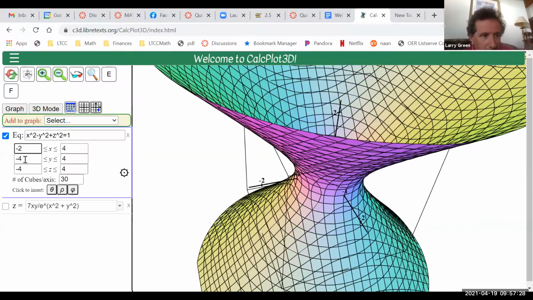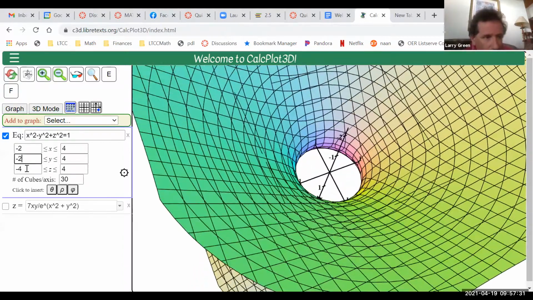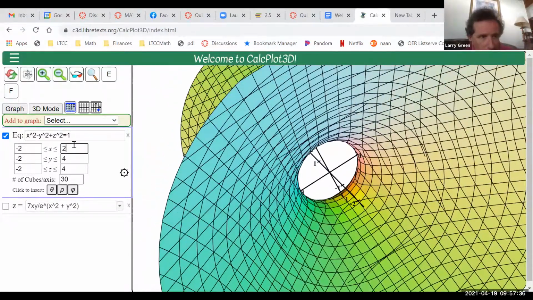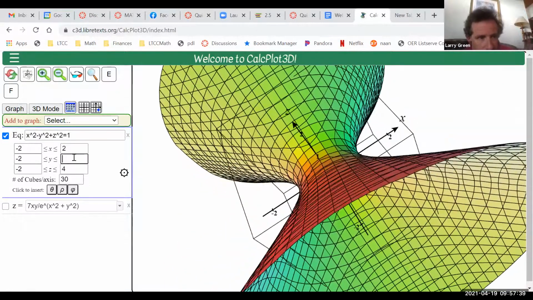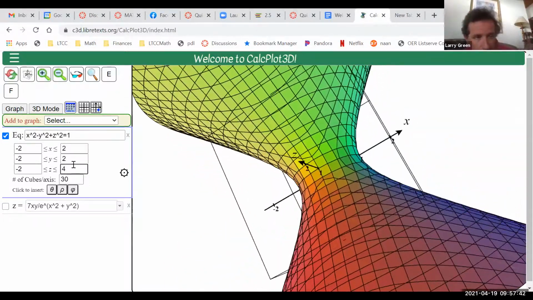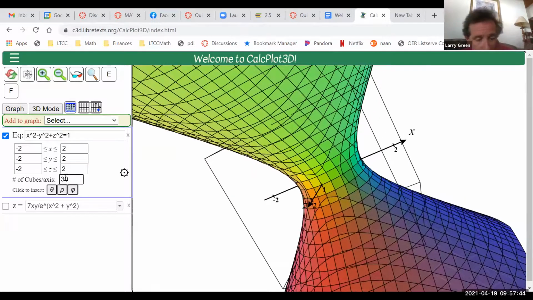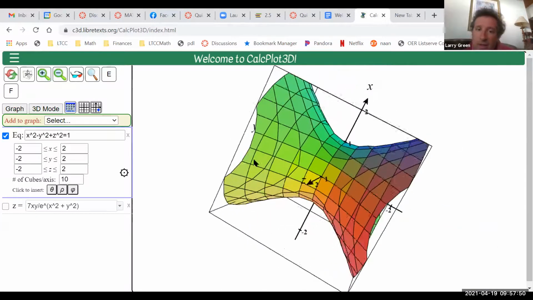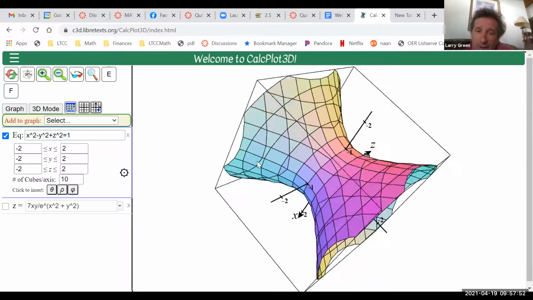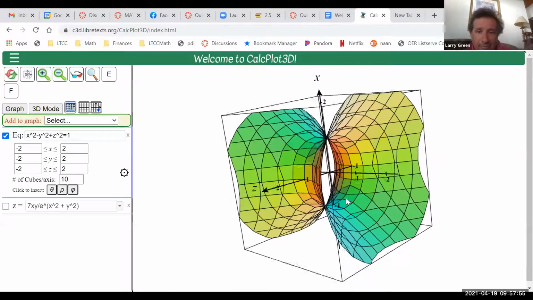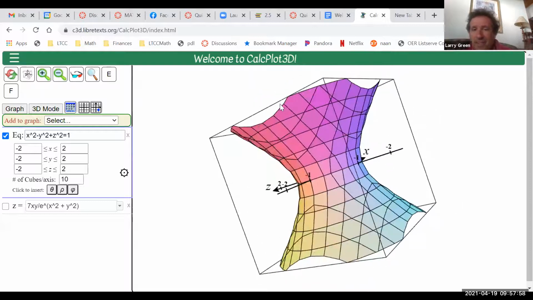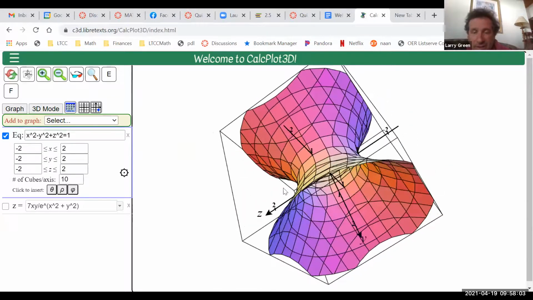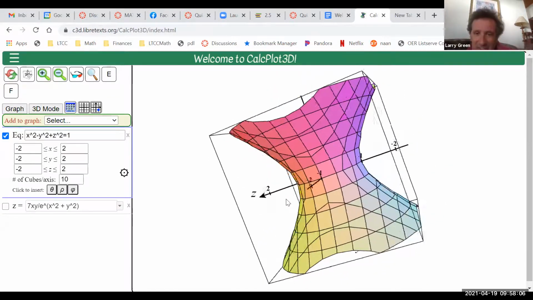This one, I think 2 is better. Okay, have you seen anything that looks like this before? Have you seen this shape in the real world? Yeah, nuclear reactor. Yeah, so if you look at a nuclear reactor, that's the shape.